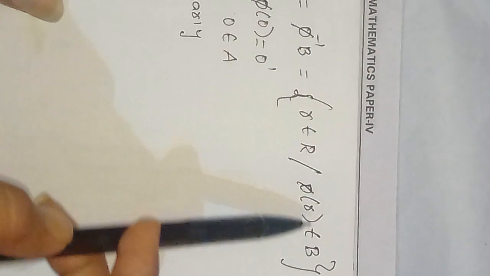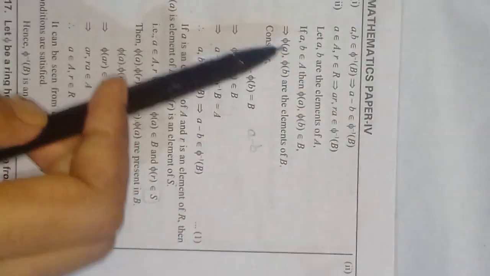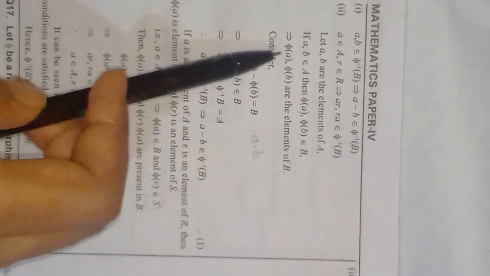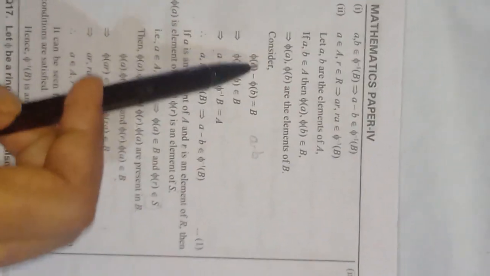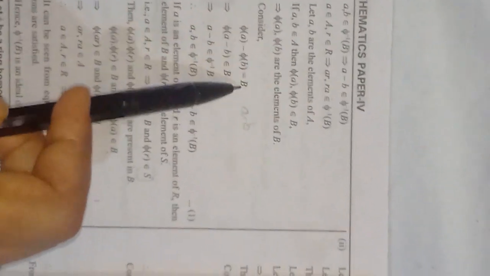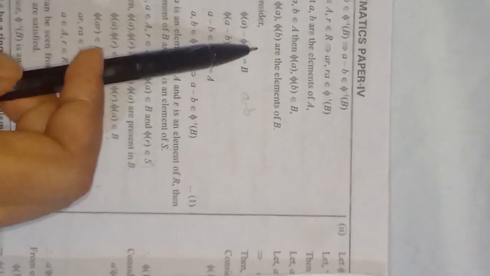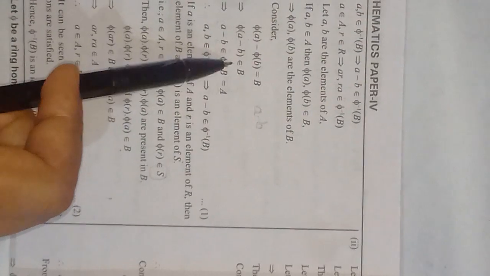If it is a, b, we will write it as pi of a, pi of b like that. That's why we are taking pi of a, pi of b as elements of B. Now considering the elements, pi of a minus pi of b belongs to B. By using the homomorphism, we can write this as pi of a minus b, which belongs to B.